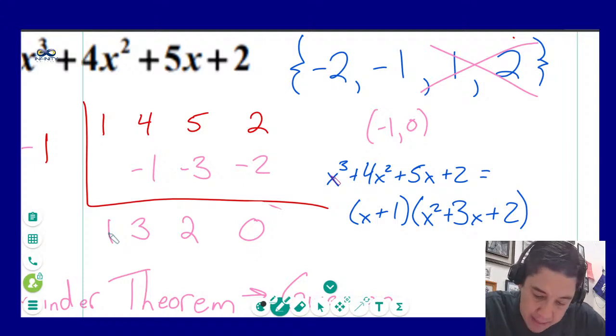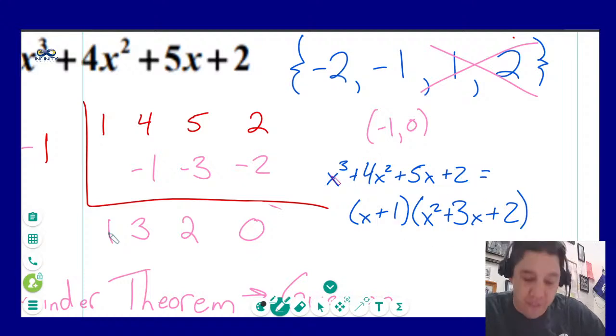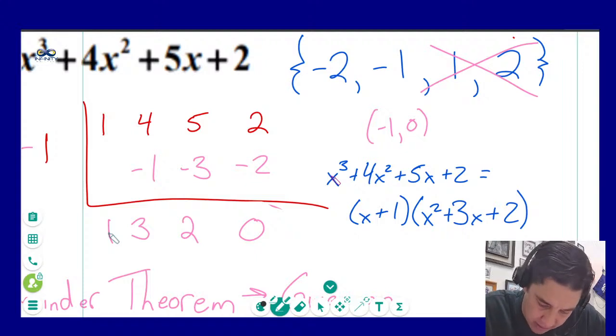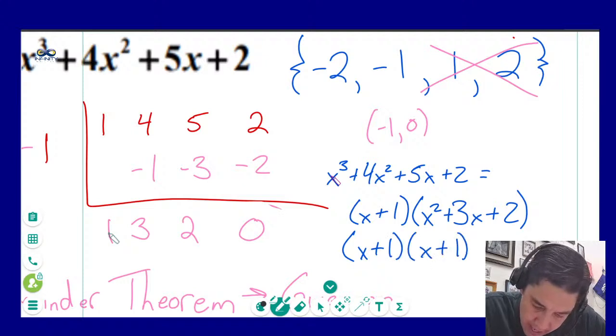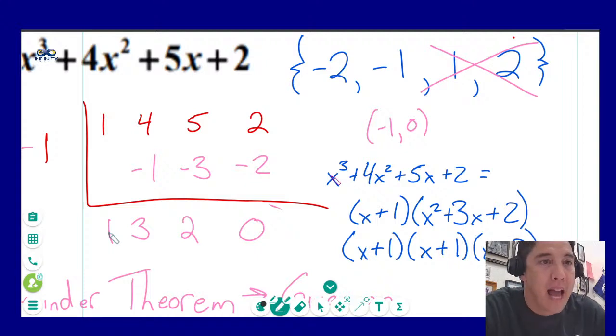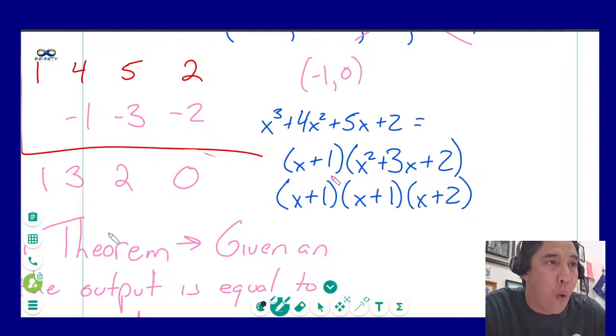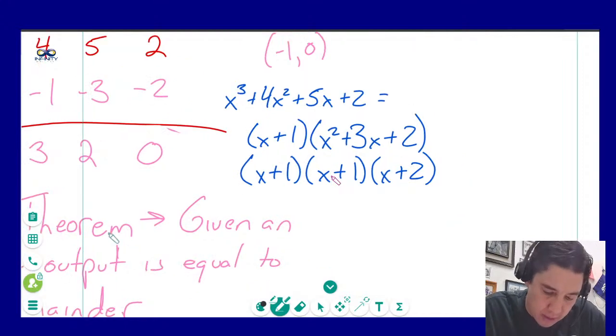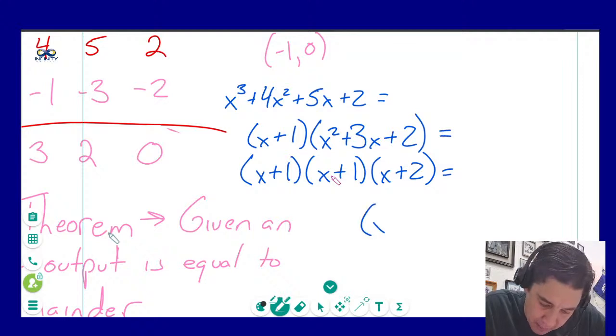And then anytime I'm down to a quadratic, I could simply factor it or use the quadratic formula if I can't factor it. So I'm going to call this x plus 1, x plus 1, x plus 2. And that is the fully factored form of the given polynomial, which is also equal to x plus 1 squared times x plus 2.